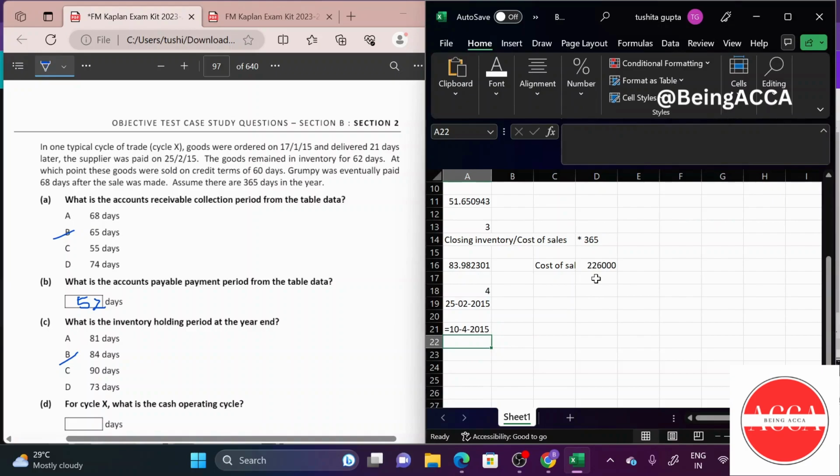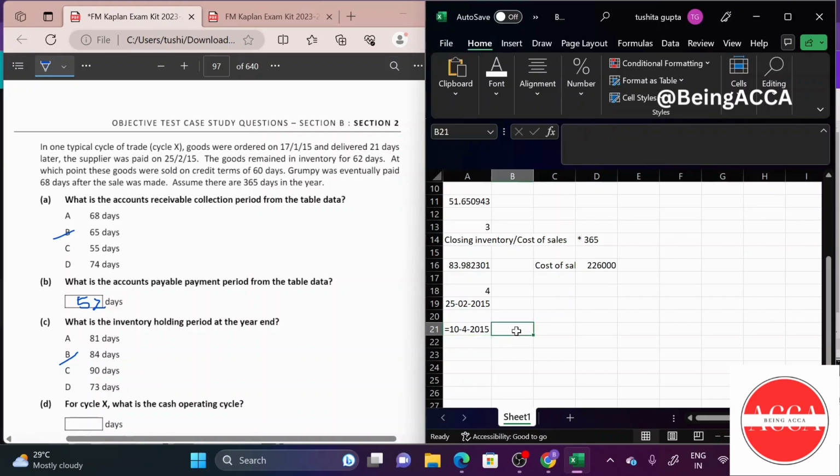Then whoever we sold this to took 68 days to make the payment. So I will calculate 68 days from this date.